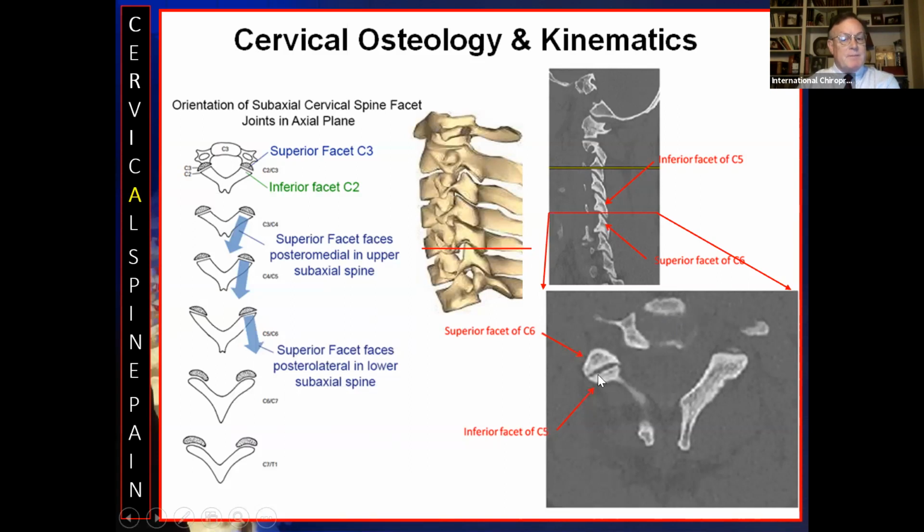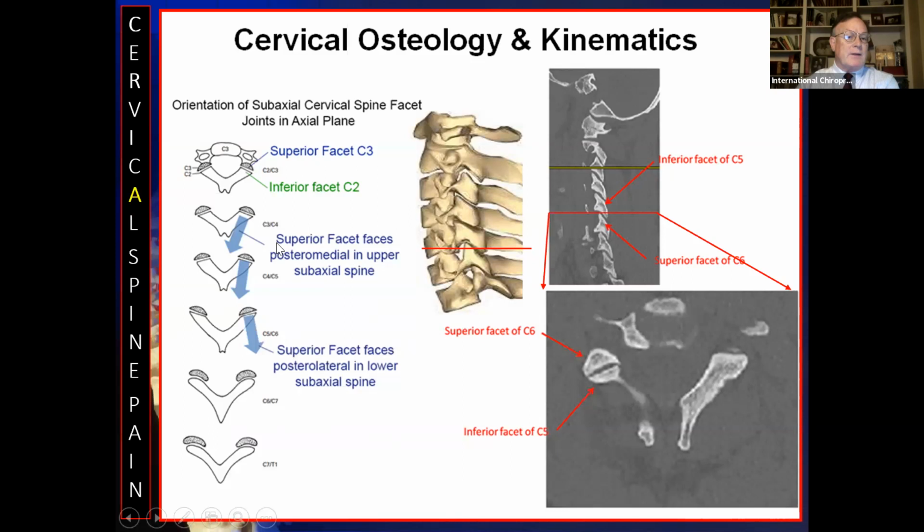In other words, the superior facet of the lower vertebra, C6, corresponds to that little tip right there. See how that's anterior? Then you continue to slice more posterior, you have the lower facet of C5, which is this structure here. Now also notice the angulation, the orientation here of the facets.